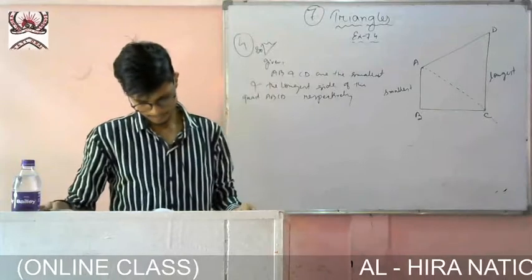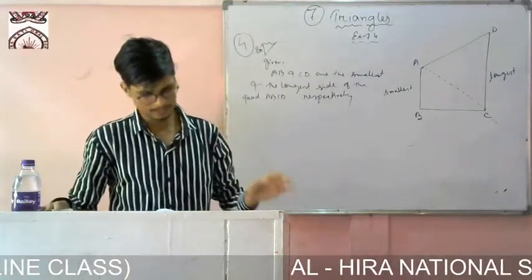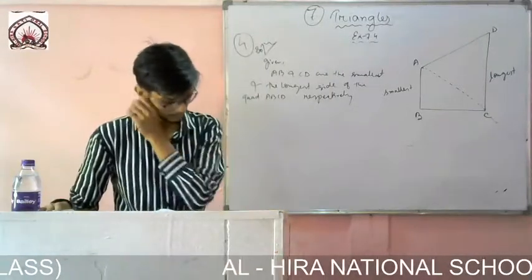You can write it like this: they are respectively the smallest and the longest side of the quadrilateral.